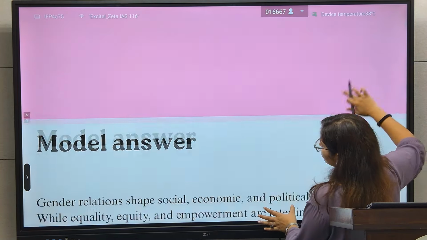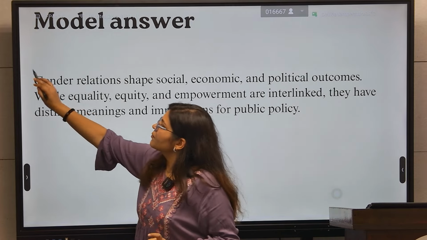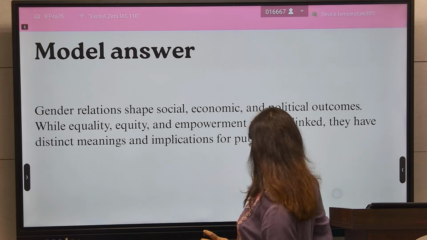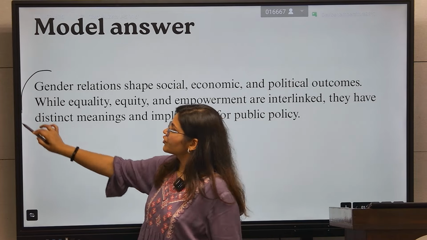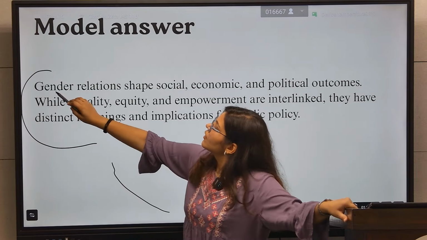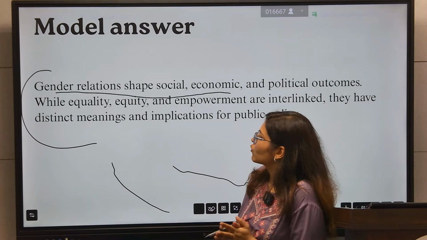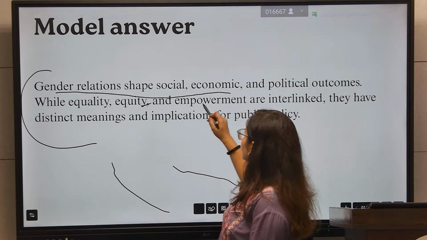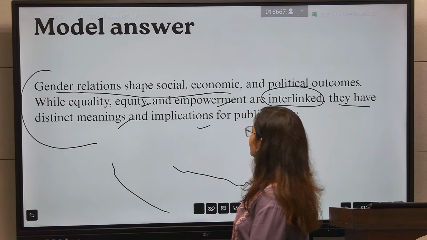See, in your introduction part, what happened? Gender relationship, social, economic and potential outcome with equality, equity, empowerment are interlinked and they have distinct meaning and implication.